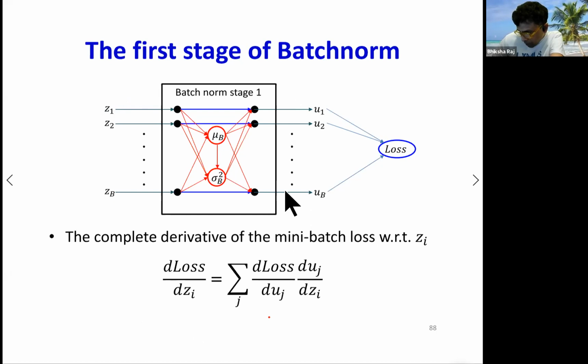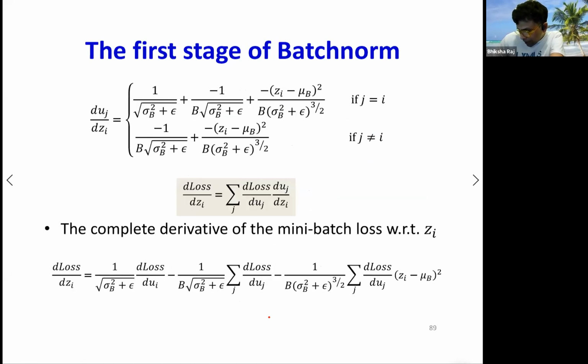You've got to sum over all the u's, the derivative of loss with respect to u times the derivative of u with respect to z, right? And so putting it all together, here is this kind of ugly looking function you get. At the top, I've simply reiterated the function for the derivative of u with respect to z.